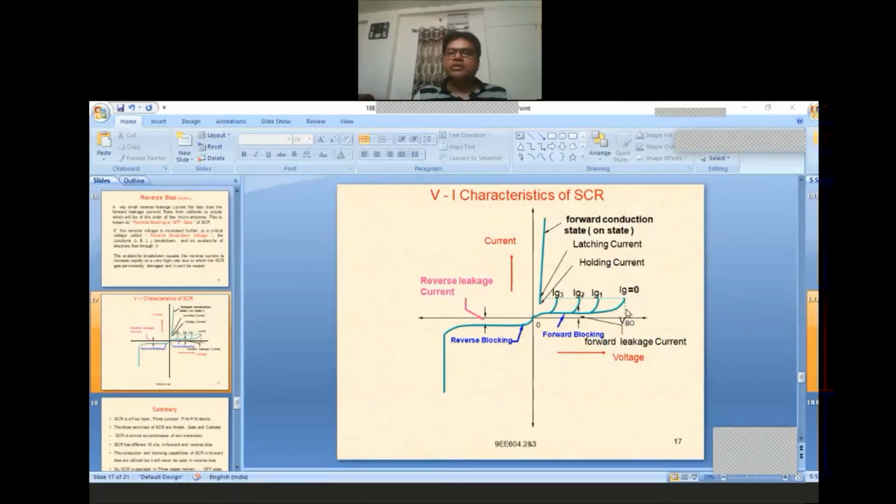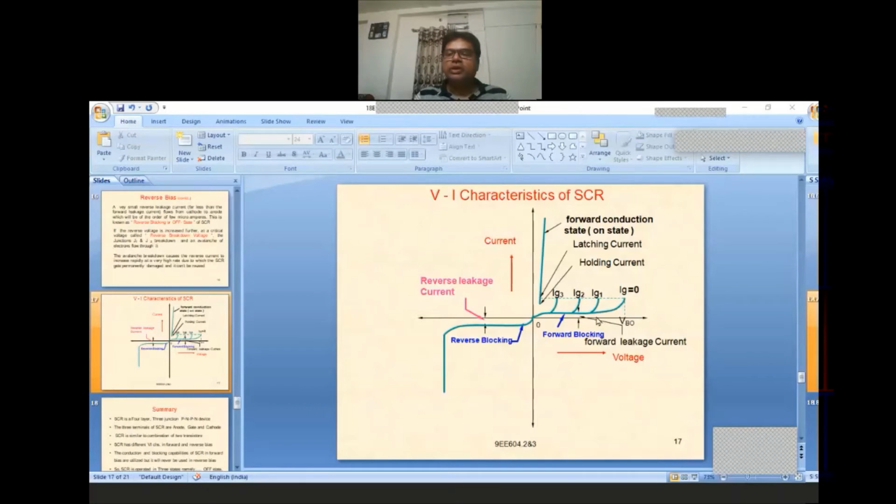The concept of this gate current biasing is shown with these dotted lines. The main characteristic curve is like this, where VBO is reached without any gate current. So the actual characteristics with zero gate current will be like this. Now, when we apply some gate voltage, a gate current flows through the circuit and SCR is turned on at lesser voltages when compared to VBO.